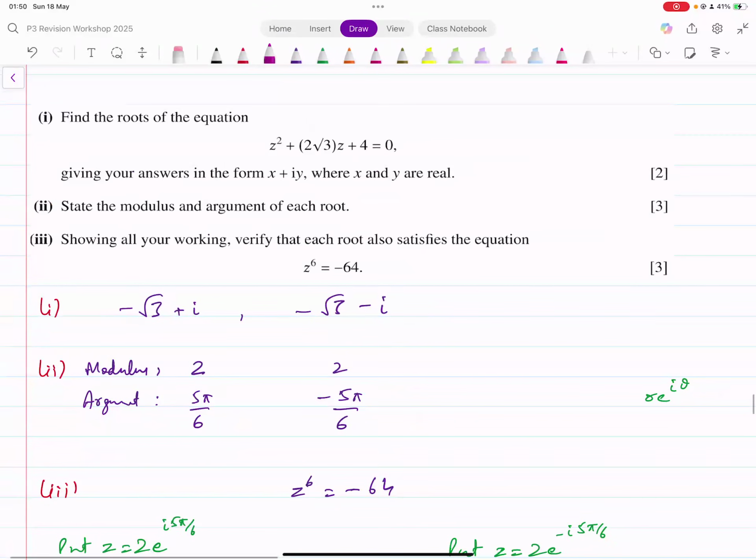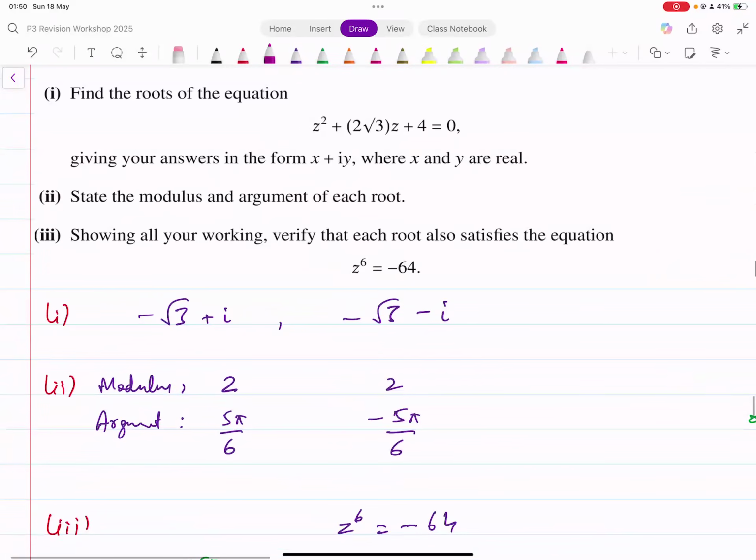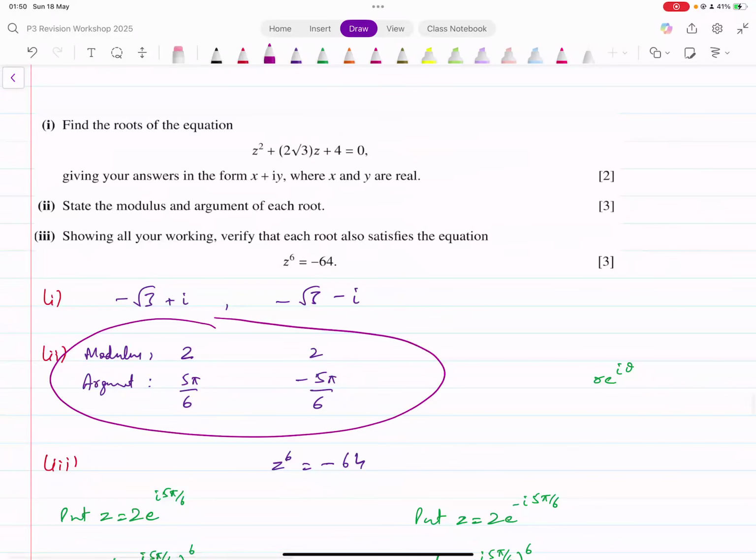So how do you deal with problems like these? Remember I said evaluating powers is simpler in r e raised to power iota theta form. They made you find the modulus and argument in the second part for both of those roots.